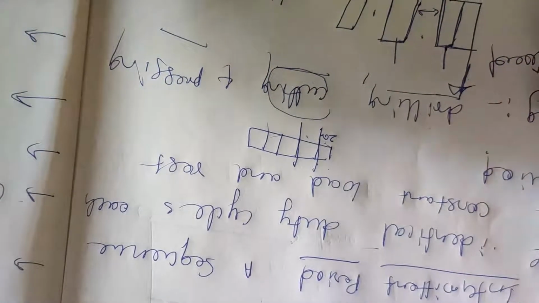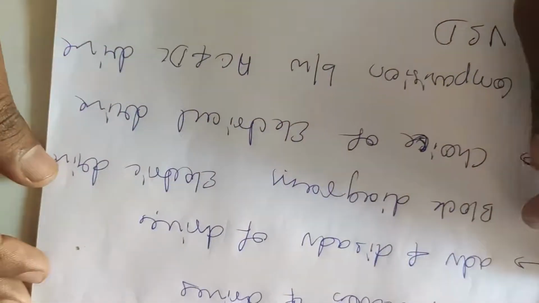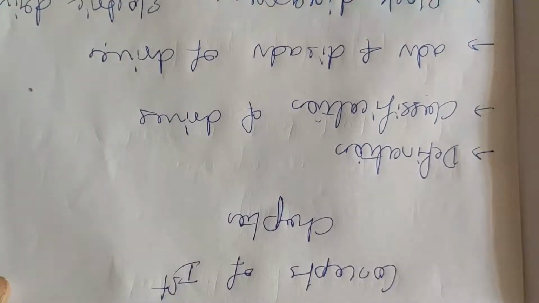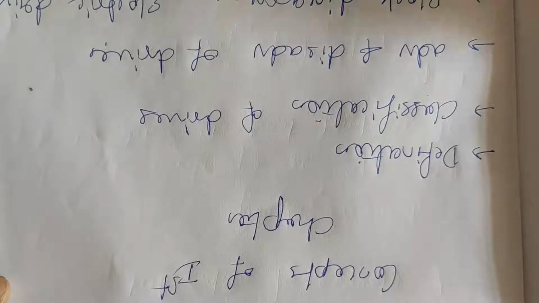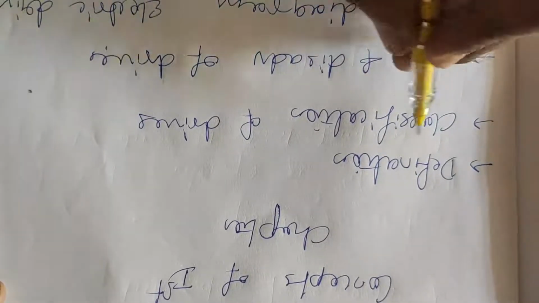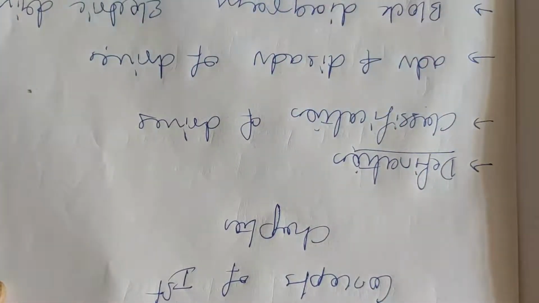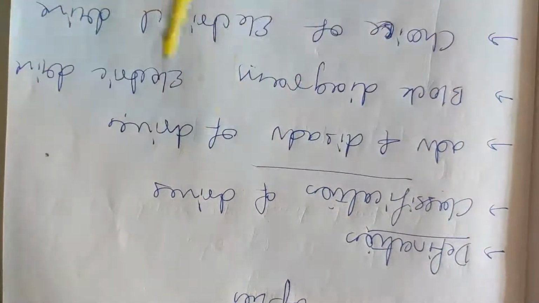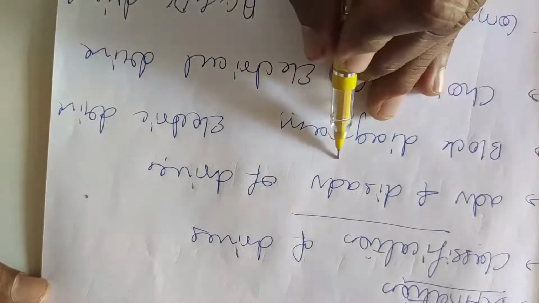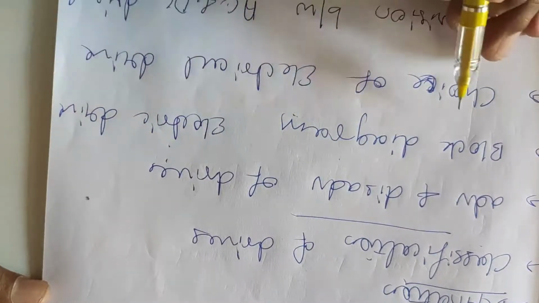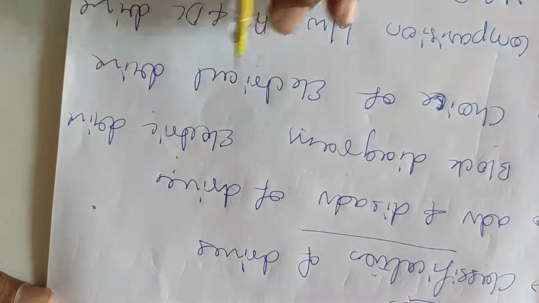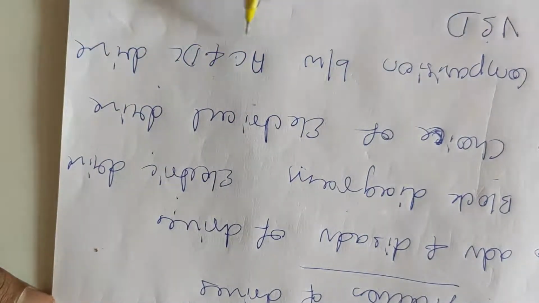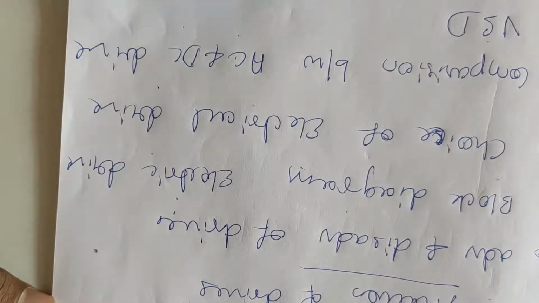Now we will briefly go through the first chapter. What are the concepts we have studied in the first chapter? First, the definition of the drives. Next, classification of the drives. Next, advantages and disadvantages of the drives. Next, the block diagram of the electrical drive and choice of the electrical drives. Then comparison between AC and DC.